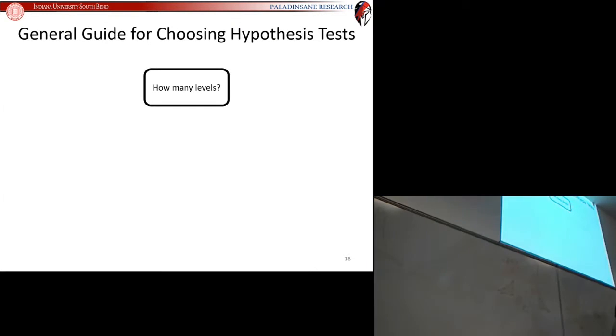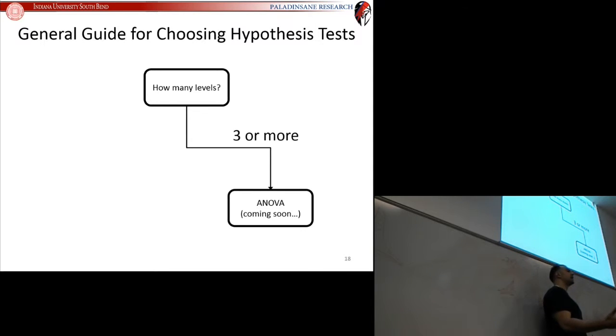The first one, you have 3 or more levels. We haven't encountered this yet, but coming soon we will see that the correct analysis for that is the ANOVA. The ANOVA is going to be our final chapter. But 3 or more levels, we haven't gotten to that yet.